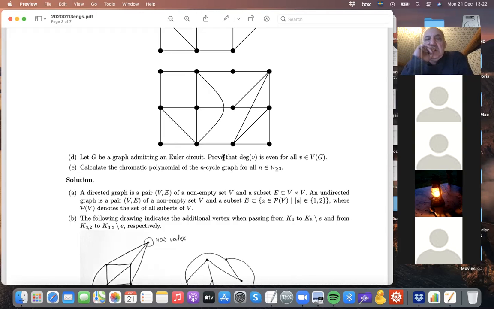And the proof is trivial, so to say, because if we have an Eulerian cycle, let us concentrate on the places where a given vertex appears. In this Eulerian cycle, we count how many edges are adjacent to a given vertex V. It appears at several places in the cycle.